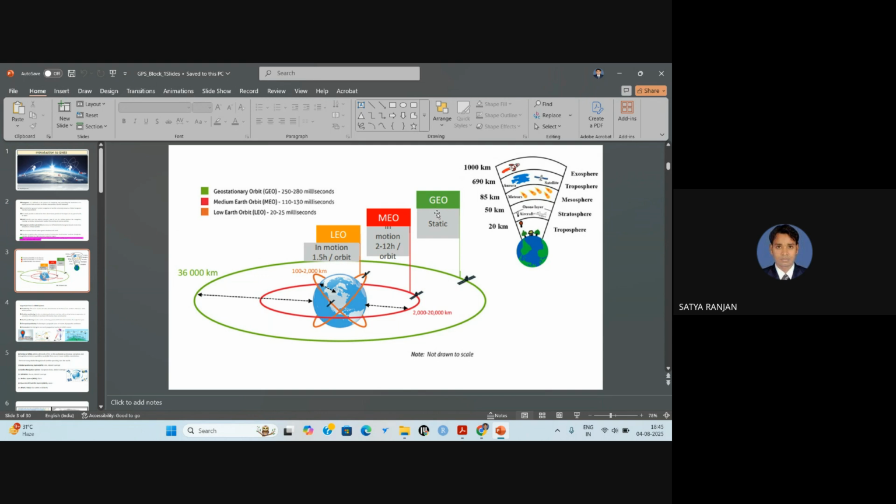So in this zone, most of the Earth observation satellites, which are used for the different interpretations or any optical sensors are there. So mostly Earth observation satellites like LISS, Landsat data, Sentinel satellite data, then Worldview data.